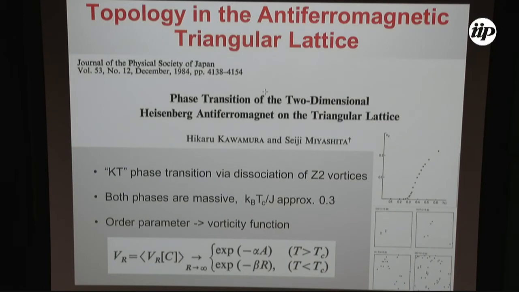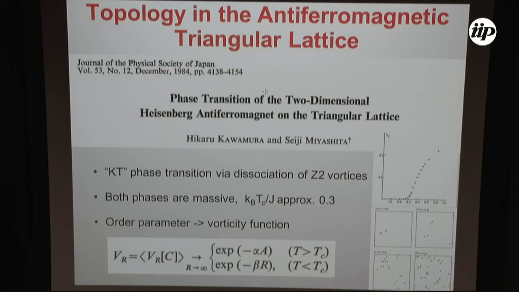Of course, this is not exactly Kosterlitz-Thouless, because here both phases, above and below Tc, are massive phases, but there is a change in the regime. They characterize this change using some vorticity function that I may describe, some variable that distinguishes the two phases.